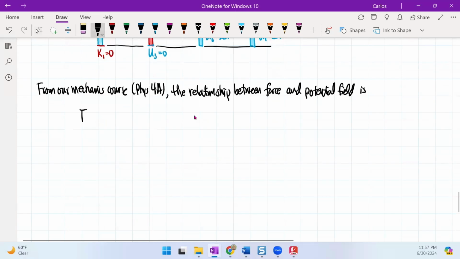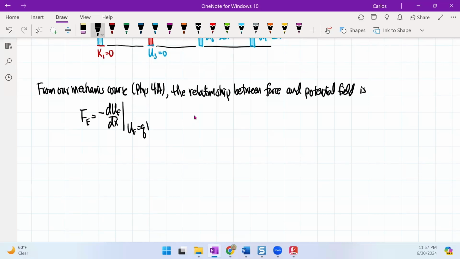The force is the negative derivative of the potential energy function. But we know that the potential energy is the charge times the voltage, or potential, excuse me.